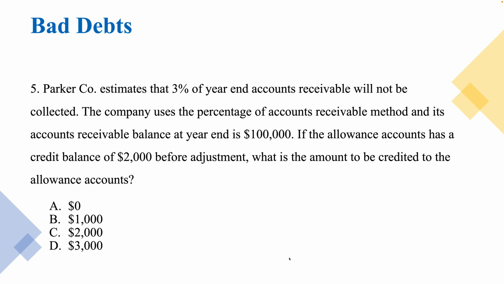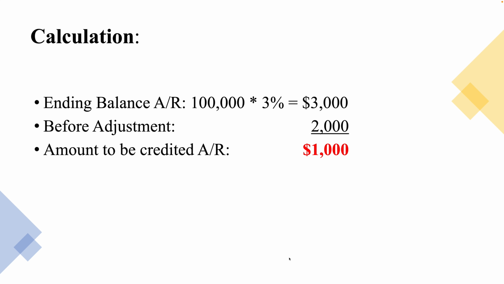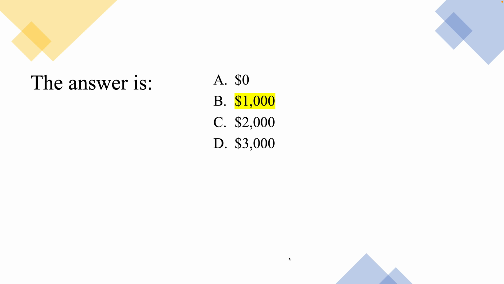The ending balance should be $3,000. It's 3% of $100,000. It already has a credit balance of $2,000, so $1,000 is the amount to be credited to the allowance account. So the answer is B, $1,000.